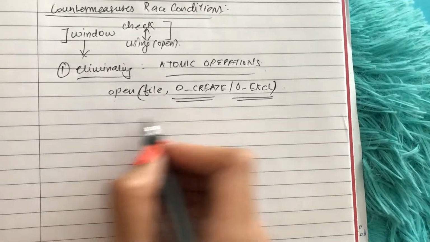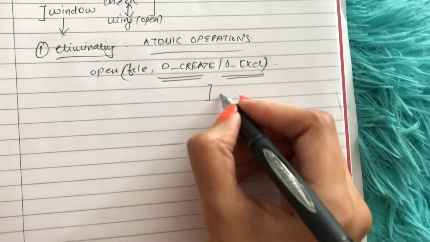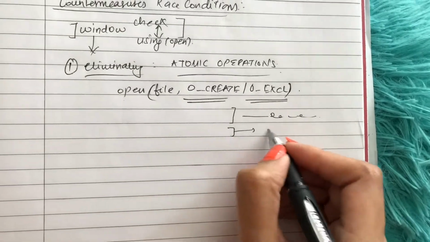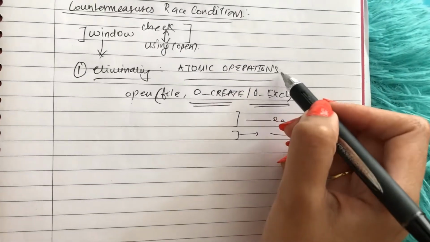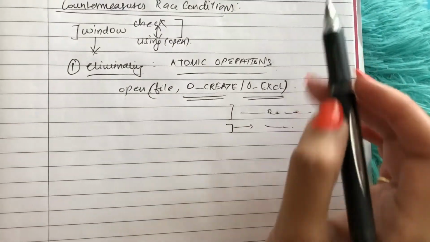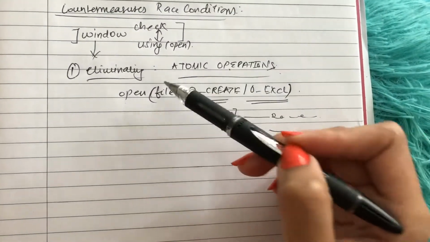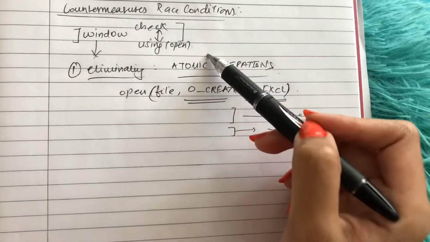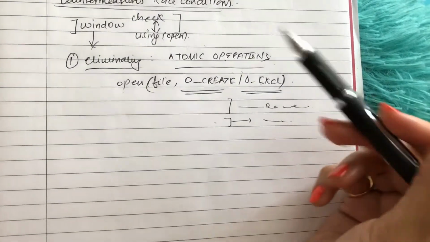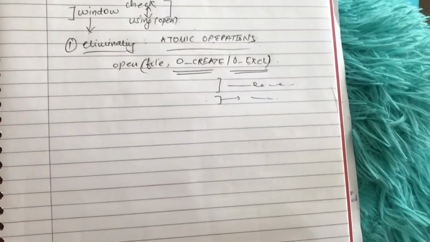So there are no lines of code where you can actually race in between and then target the files. Atomic operations are one of the most effective ways to do it, but the problem is that not all processes or all functions can be done atomically, because of which there are other countermeasures also that are required.